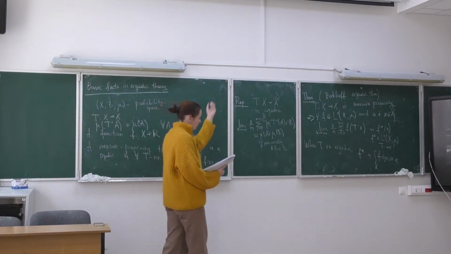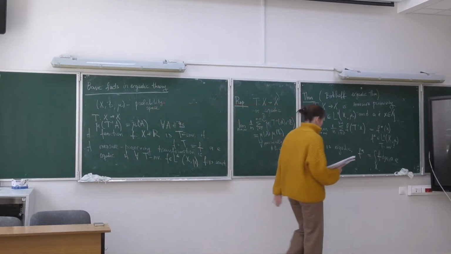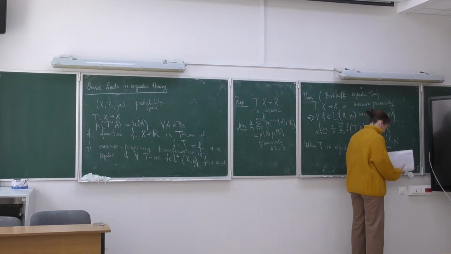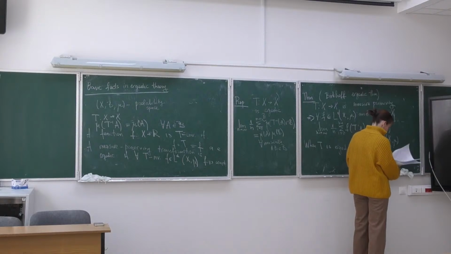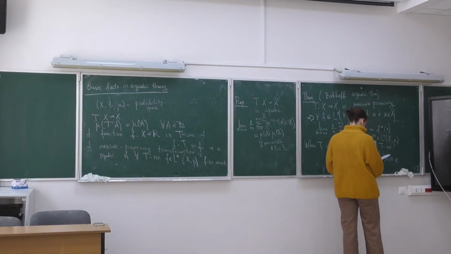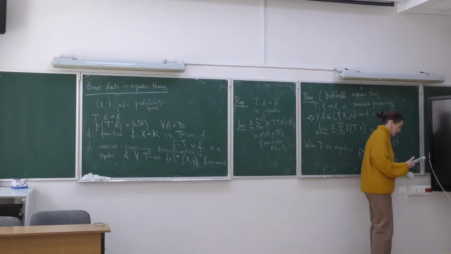Okay, so our goal for the lecture today is the Hopf argument. And I'd like to say a few words about it. What is our plan? My plan is the following.